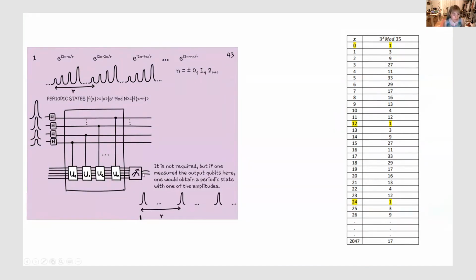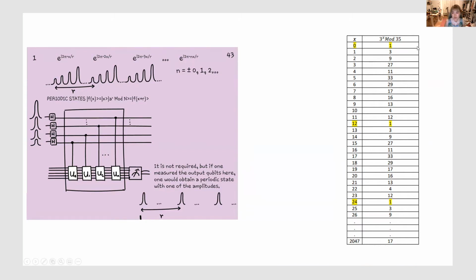If you then measure these output qubits, you don't have to do this, but if you do, then basically it would pick out one of the possible outcomes. You could get a 1.